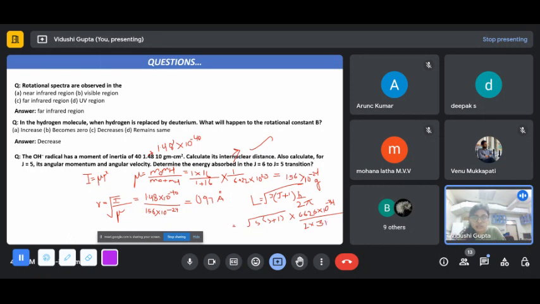So after solving, what will be the value of angular momentum? It will be under root 30, just multiply these two. What will be the value?